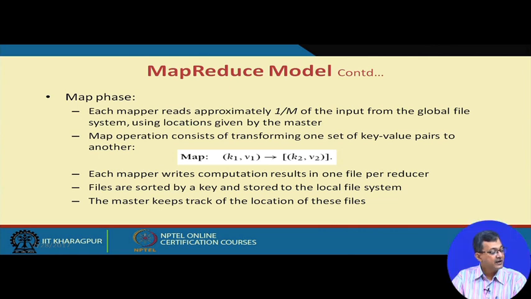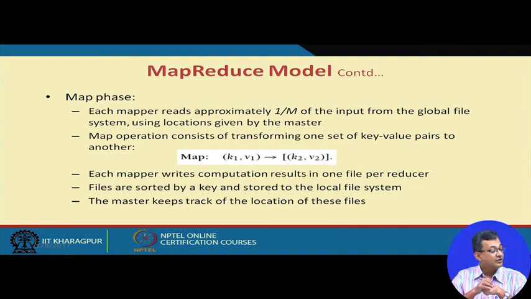Each mapper writes its computation results in one file per reducer. So, for every reducer it produces a file. If there are reducers R1, R2, R3, a mapper Mi creates 3 files corresponding to the reducers. The files are sorted by key and stored in the local file system, right.